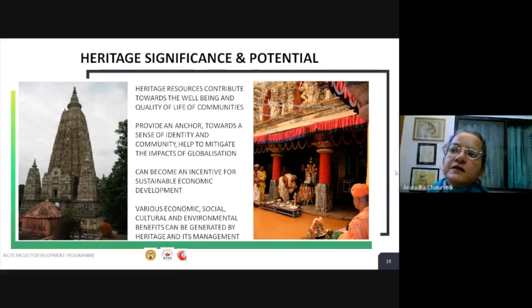Here you can see the World Heritage Site of Bodh Gaya, the temple at Bodh Gaya, which is of global significance and which helps to provide a developmental stimulus for a certain part of the country. And on the right side, you can see the kind of living traditions which are associated with the Jain monastic establishment in Shravanbelagola.